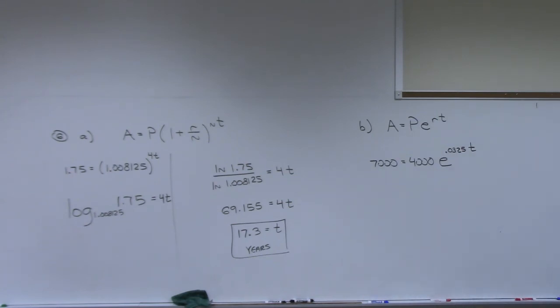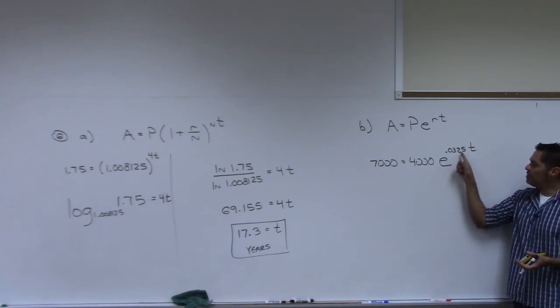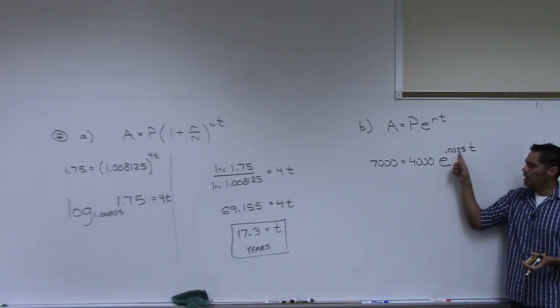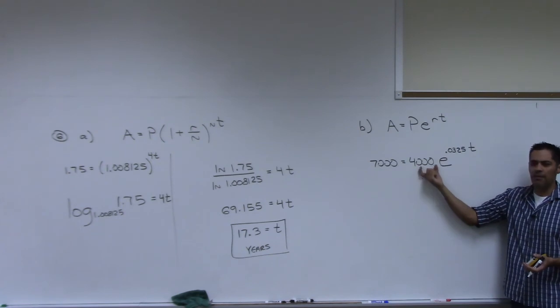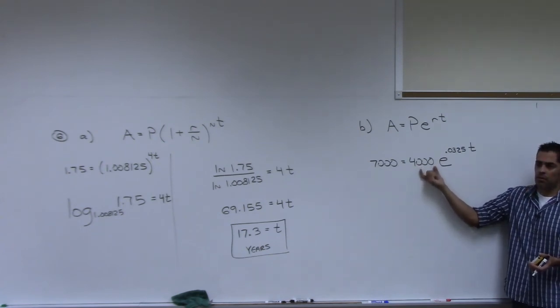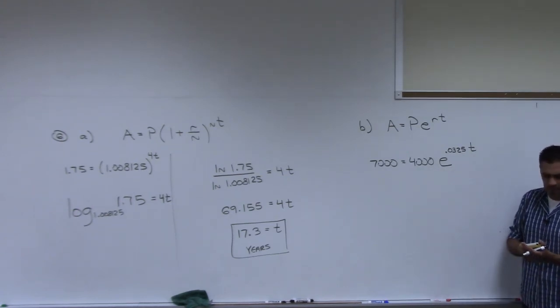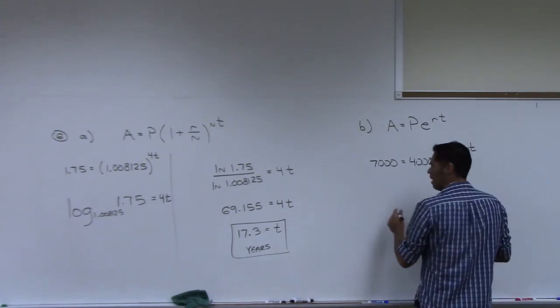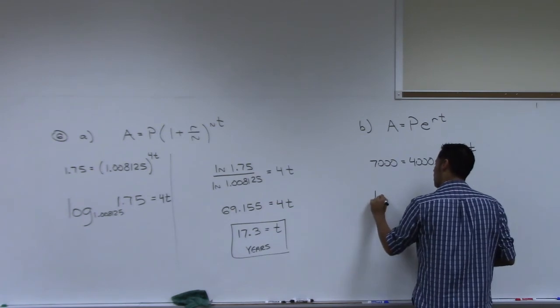Now for this one, we have e raised to this power, and we could try and do the loop, but again, the 4,000 is an issue. So let's get rid of it. Divide both sides by 4,000. And when we did that before, it was 1.75, right?